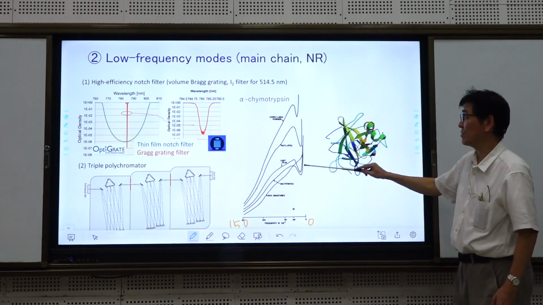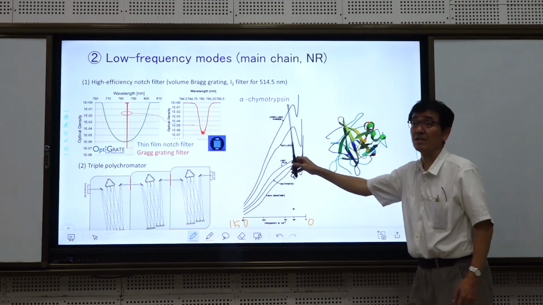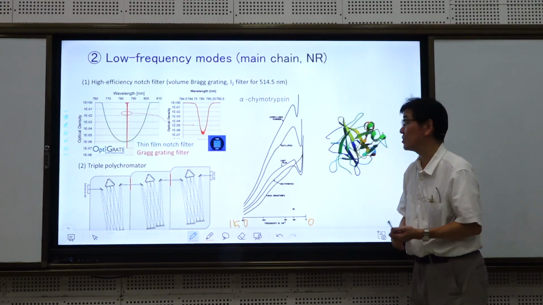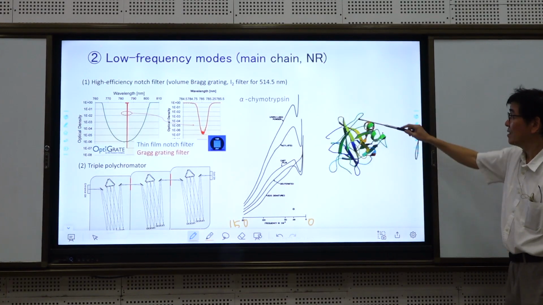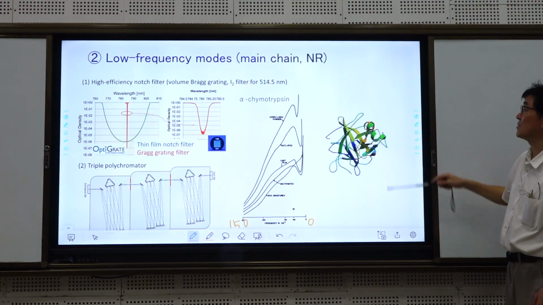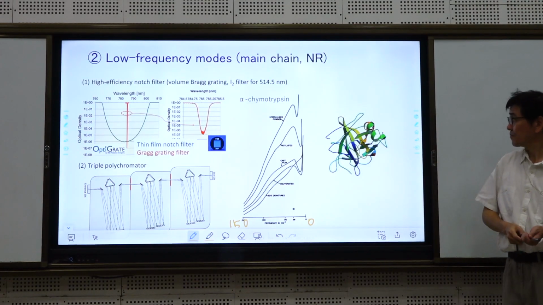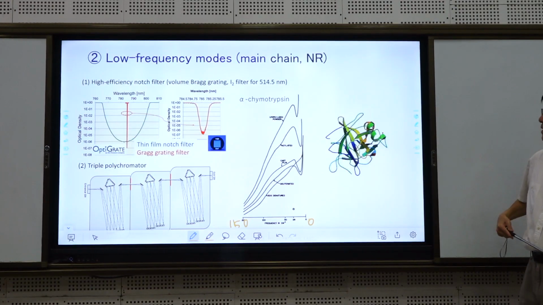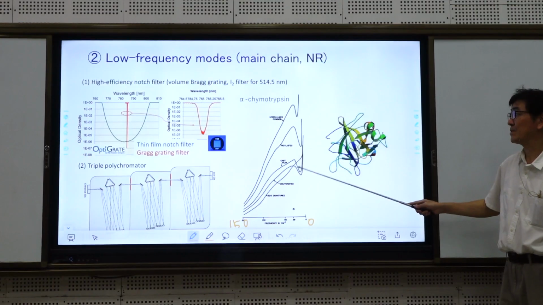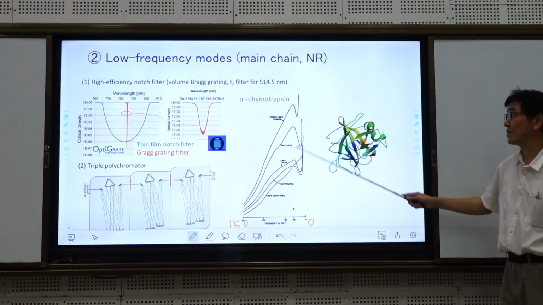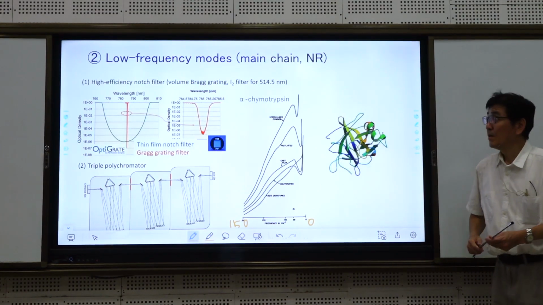And so we can detect some structural change depending on the experimental condition. This is chymotrypsin and in principle beta-rich structure. Okay, so by analyzing in detail, we can get some information about the structural change.